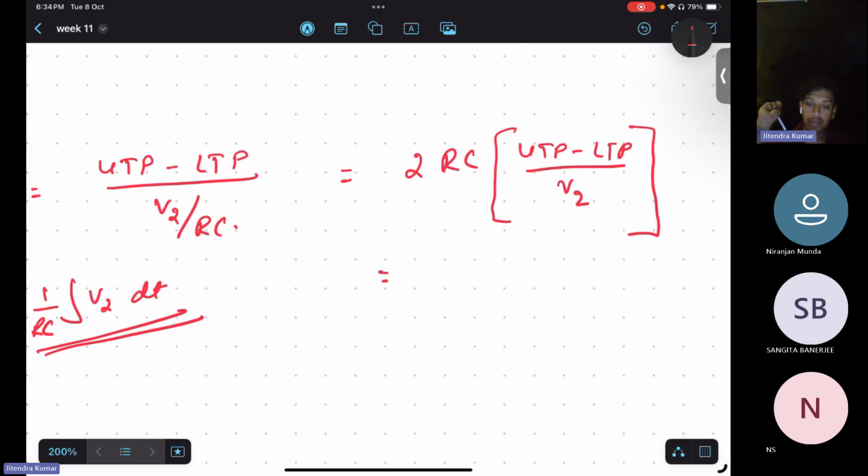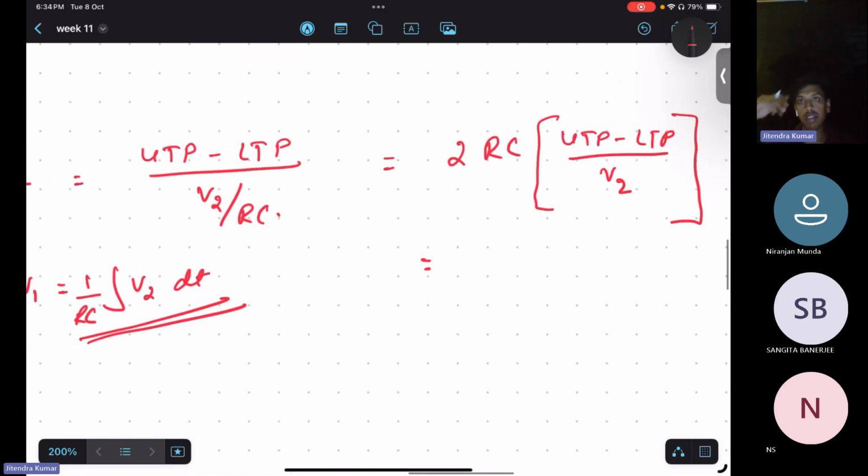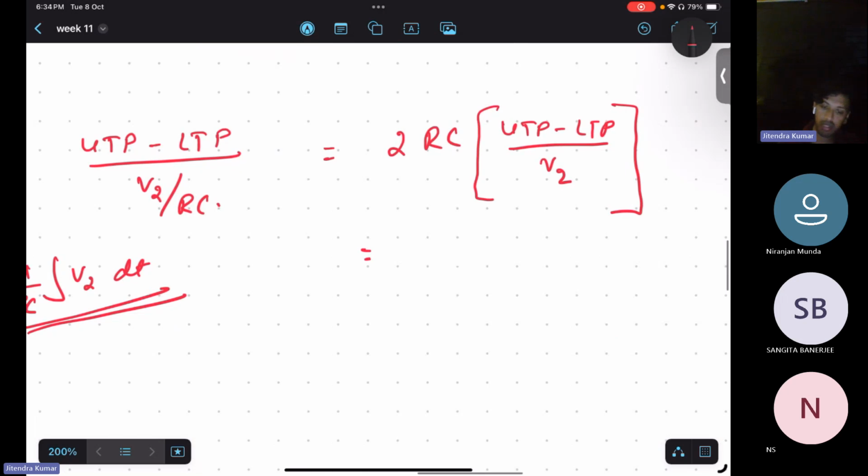And if you want to write in terms of supply, V2 is equal to V supply, so you can consider it as 12 volt plus minus.